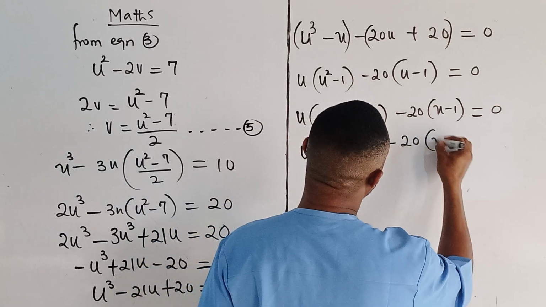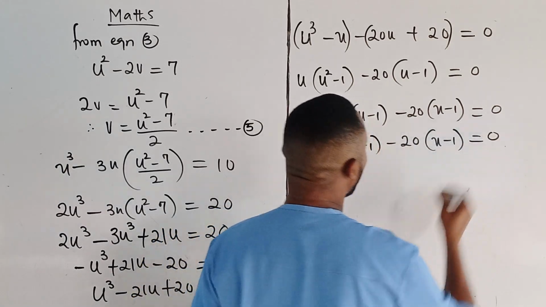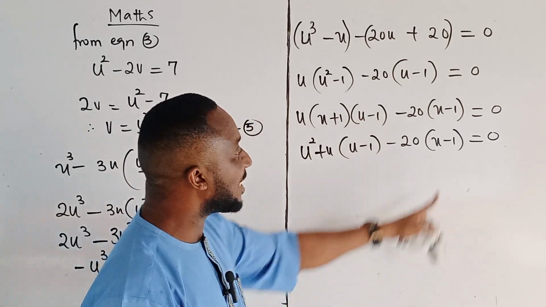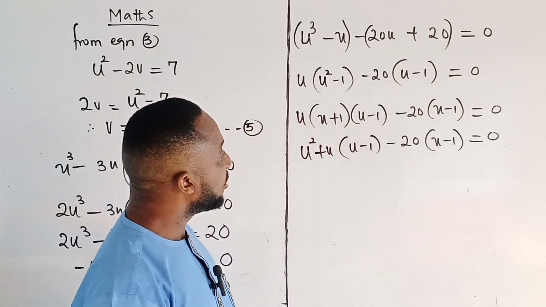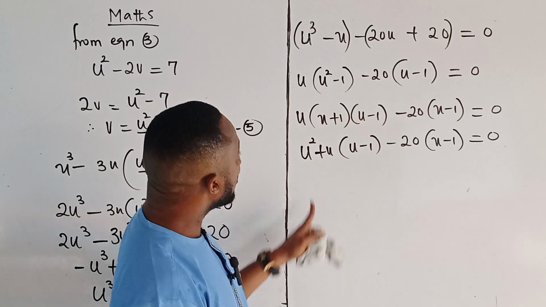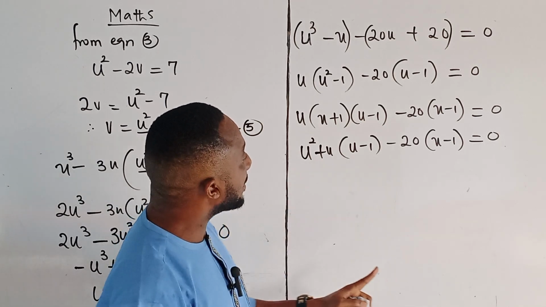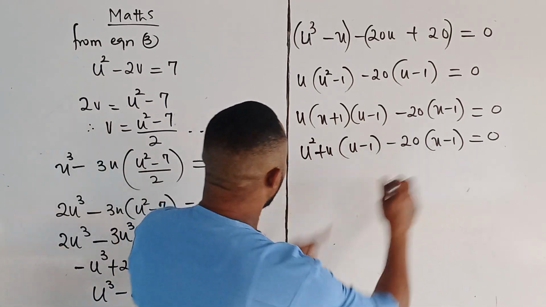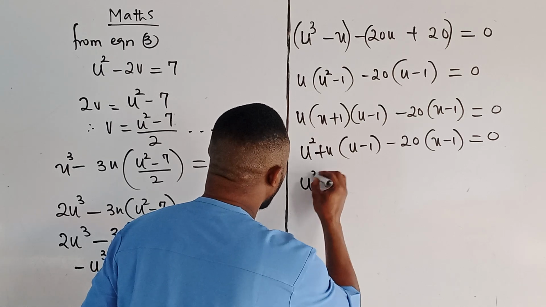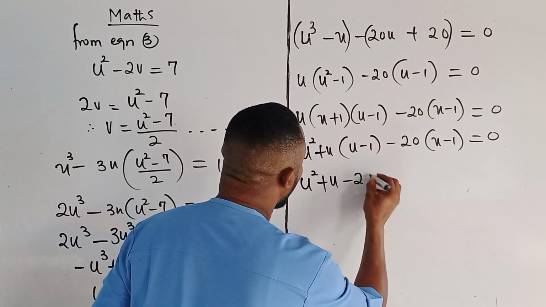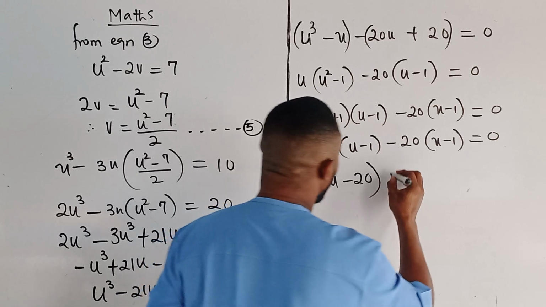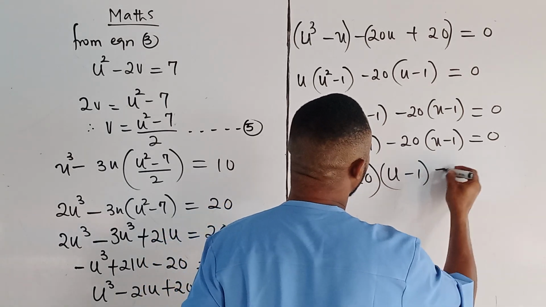I will write negative 20 times u minus 1, everything equal to 0. So we've obtained our first factor, which is u minus 1. So I will pick out the outside terms. These two parentheses are the same. So I will pick u squared plus u minus 20 in one parenthesis, u minus 1, everything equal to 0.